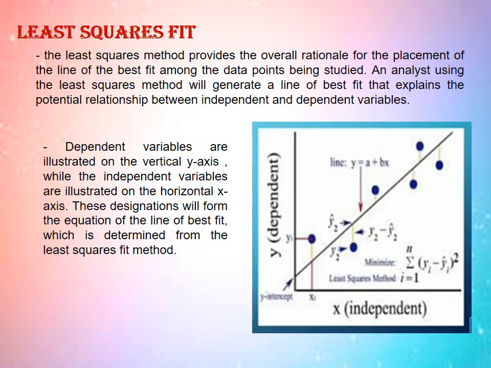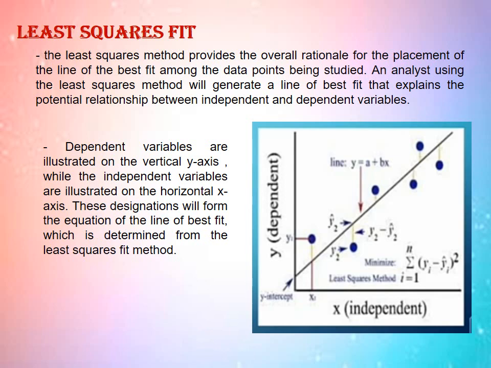Good day everyone. I was assigned to discuss the least squares fit. Let us first define the least squares fit. The least squares method provides the overall rationale for the placement of the line of best fit among the data points being studied. An analyst using the least squares method will generate a line of best fit that explains the potential relationship between independent and dependent variables.